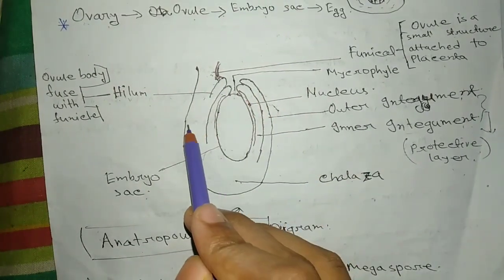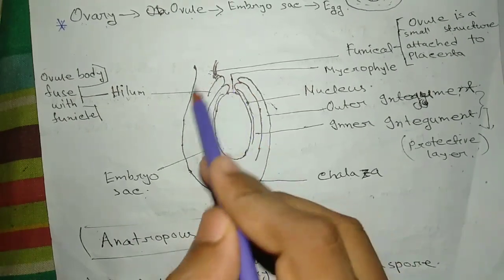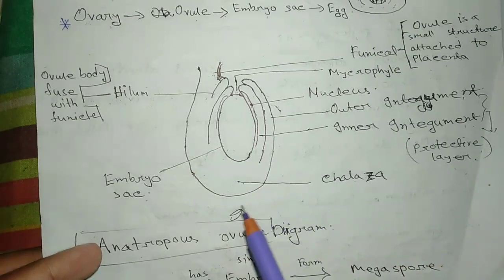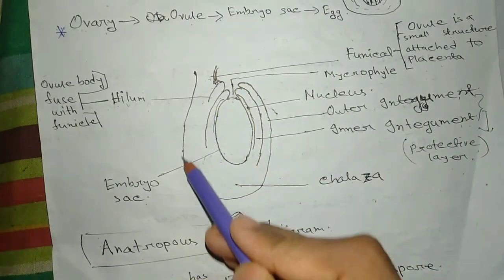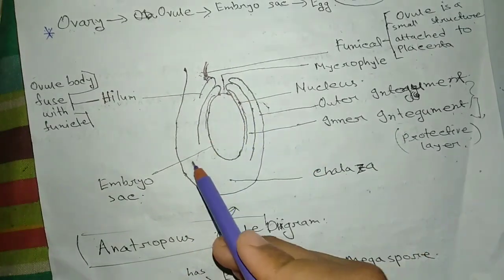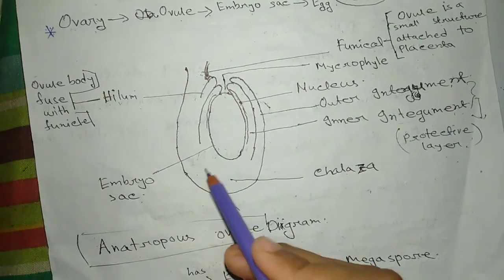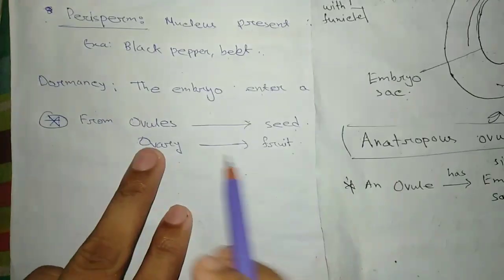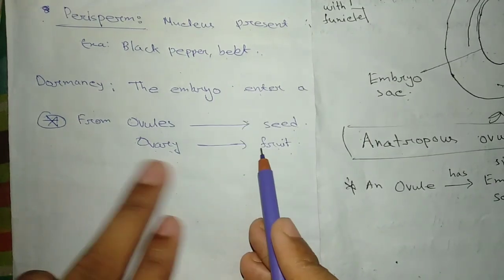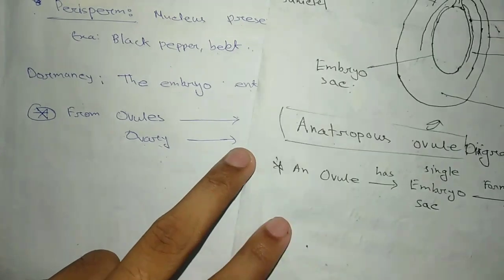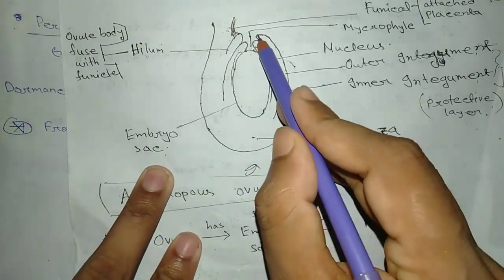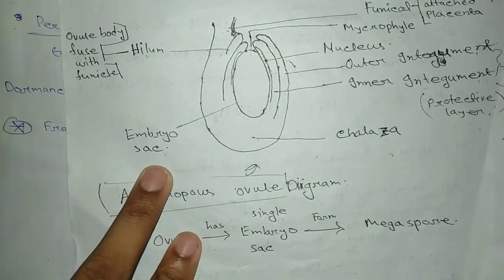Remember this whole part. This whole part is ovary, and from the whole part we get fruit.